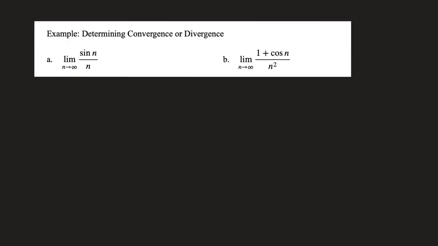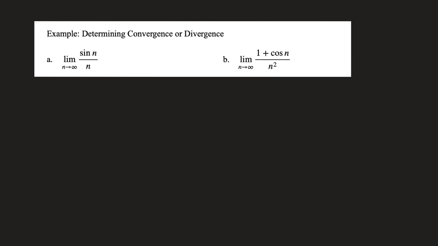Let's look at another way to use the squeeze theorem for sequences, guys. Look at this one: limit as n approaches infinity of sine n over n. You might think to use L'Hopital's rule, right? But as n approaches infinity, sine n does not go to infinity, so we cannot use L'Hopital's rule. L'Hopital's rule is out.